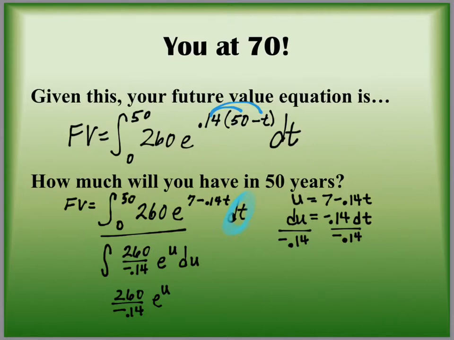Because I need to change them back into t. 0 and 50 were input values for t, not u. Are y'all with me? So I need to change this back into t's. So this is 260 divided by negative 0.14. Maybe you have a value for that that's simplified, I don't know. And then we have e to the 7 minus 0.14t that we are going to evaluate at 50 and 0.